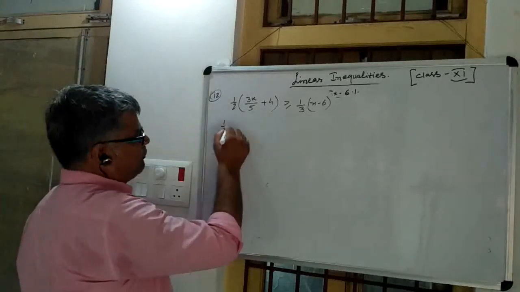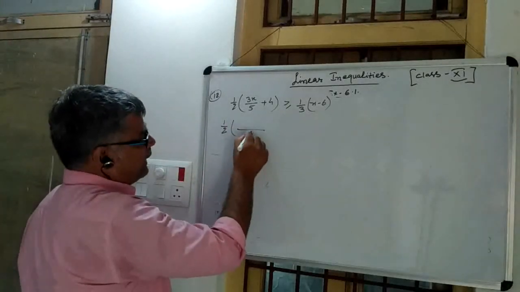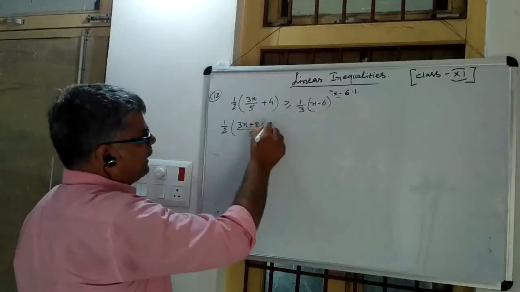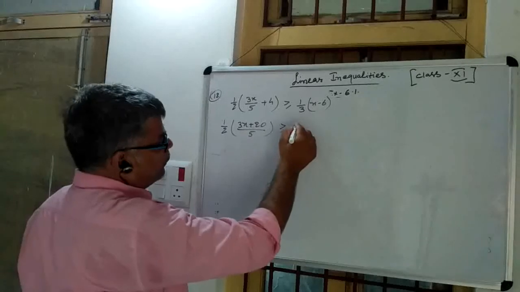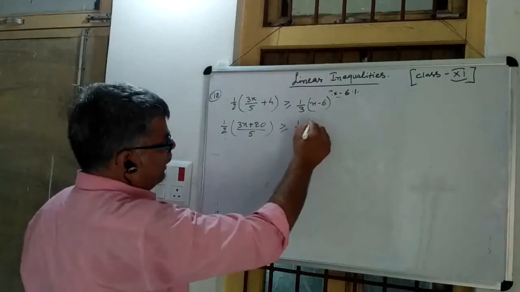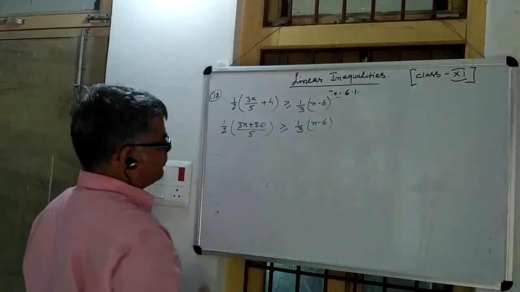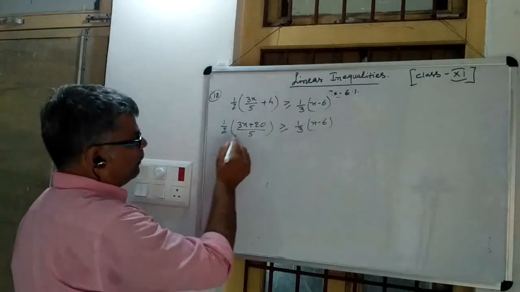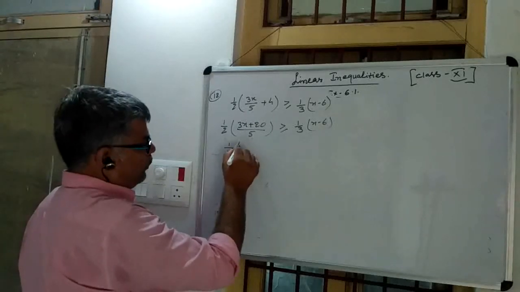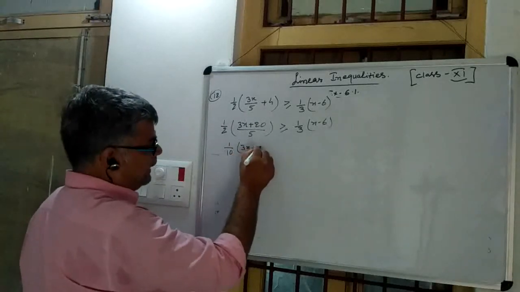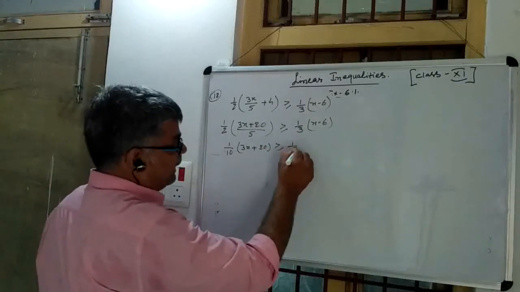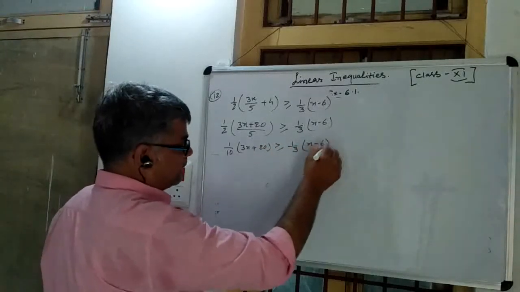First, simplify the half into 3x by 5 plus 4, taking 5 as LCM. So it will become 3x plus 20 is greater than or equal to 1 by 3 into x minus 6. Now it becomes 1 by 10 into 3x plus 20 is greater than or equal to 1 by 3 into x minus 6.